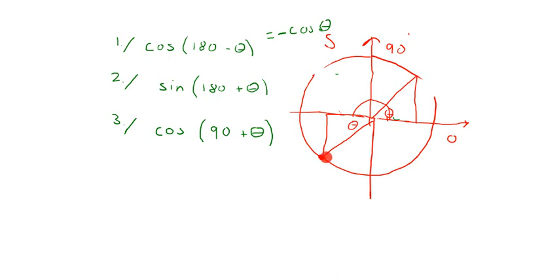So this is my theta, and here's my theta, and I'm looking for cos of 90 plus theta. Here's my triangle, but I'm more interested in this point here, so I'm going to draw a second triangle measuring from the horizontal.